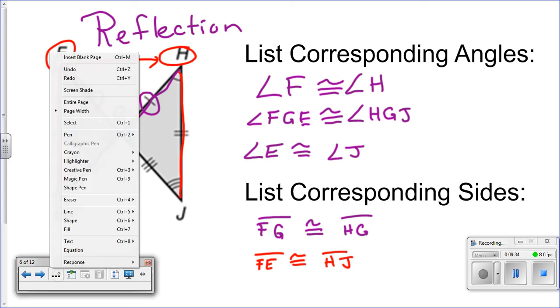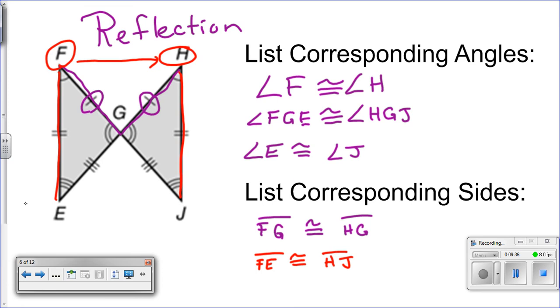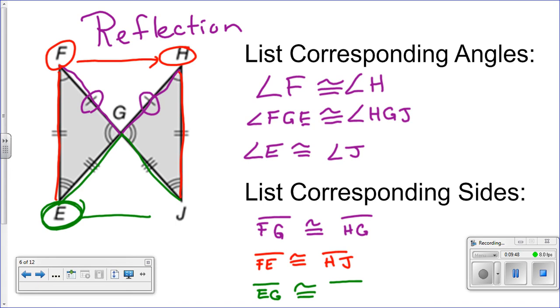And the last one, and I'll change the pen color, is this line segment right here, which goes with that one right here. So this is going to be line segment EG is congruent to line segment. So now we have to say, okay, what goes with E? And that would be J. So the E and the J would both have to be first.